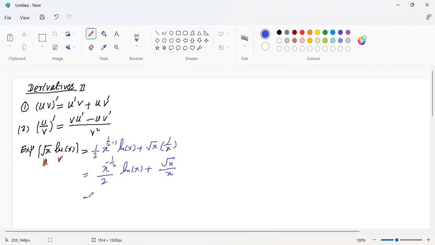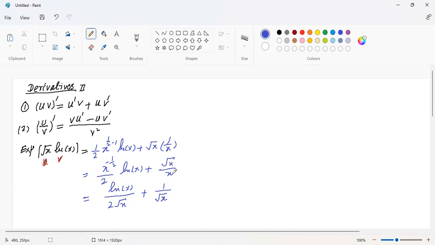Now it can also be written as ln of x whole divided by 2 under root of x, plus. As you know, the square root of x divided by x can be written simply as 1 by under root of x. It is the identity in indices.